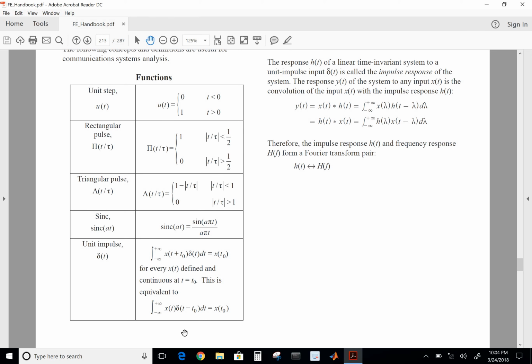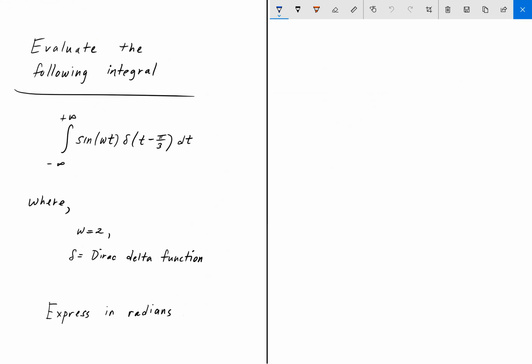And so we're going to copy this property here. That property of the delta function is called the sifting property. And so we're going to write that on the next page. So we have the sifting property.